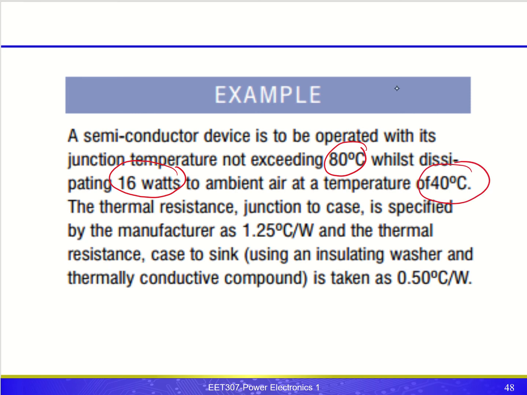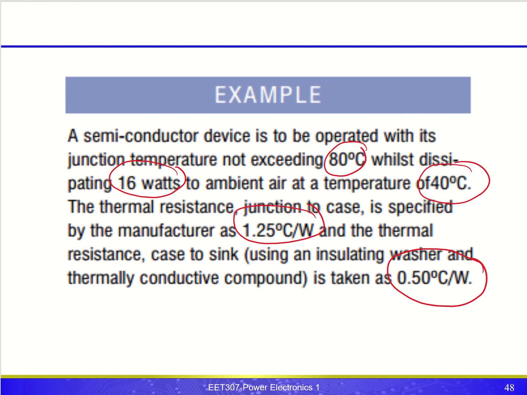The thermal resistance junction to case is specified by the manufacturer as 1.25 degrees Celsius per watt, and the thermal resistance case to sink, using the insulator washer and the thermal conductive compound, is taken as 0.50 degrees Celsius per watt.